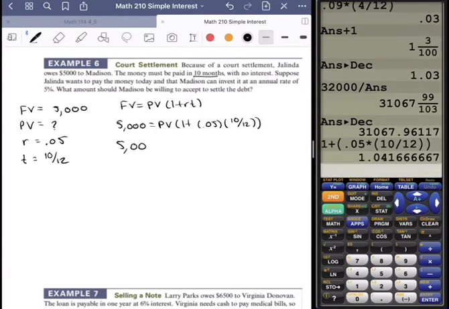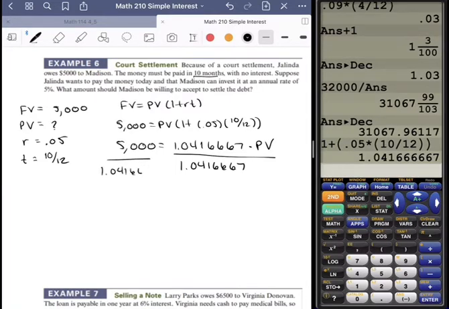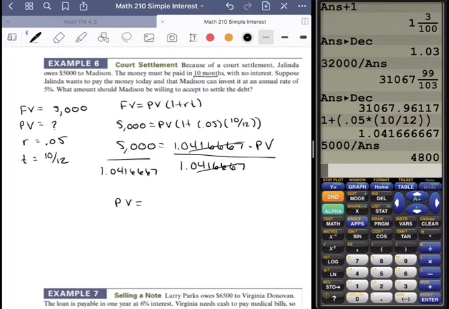So I have 5,000 equals 1.041667 times present value. So I'm going to divide now by all of that horrible number, 1.041667. That means that present value equals 5,000 divided by that. So we get $4,800.